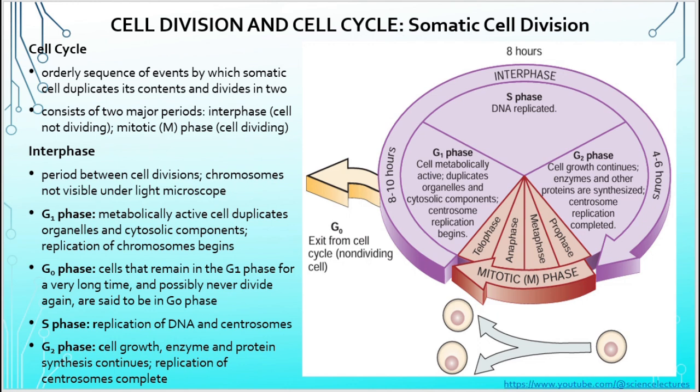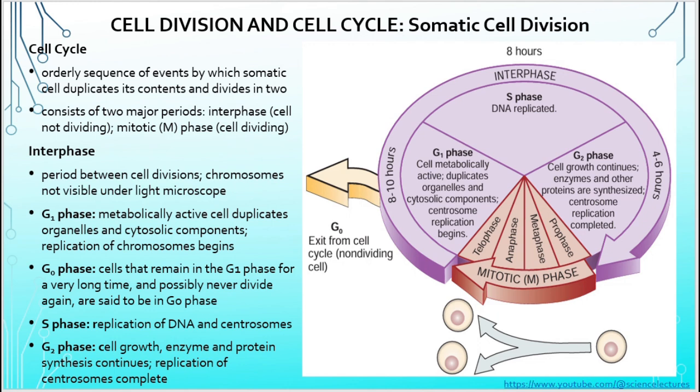During interphase, the cell replicates its DNA. It also produces additional organelles and cytosolic components in anticipation of cell division. Interphase is a state of high metabolic activity, as it is during this time that the cell does most of its growing.